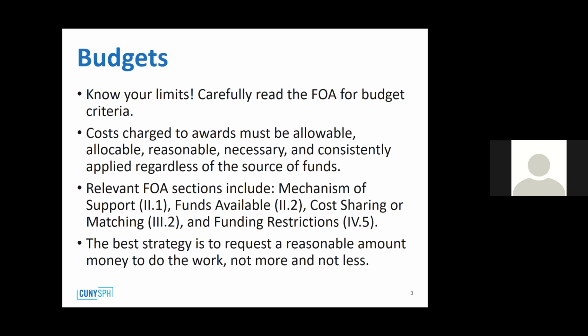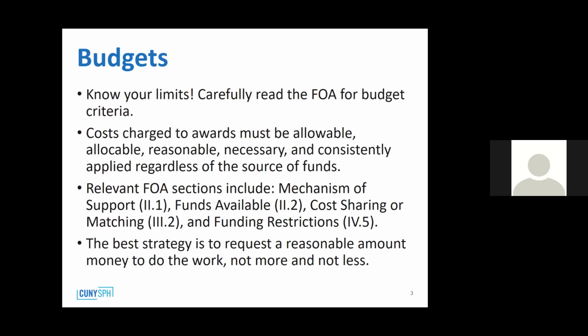All the costs charged to the award must be allowable, allocatable, reasonable, necessary, and consistently applied. And this is true regardless of the source of funds. Your relevant FOA sections include the mechanism of support, funds available, cost sharing or matching, and funding restrictions.